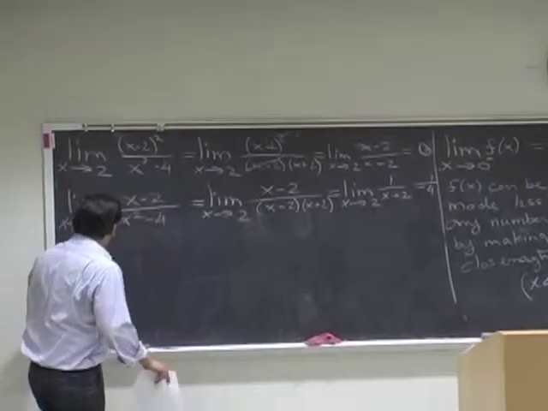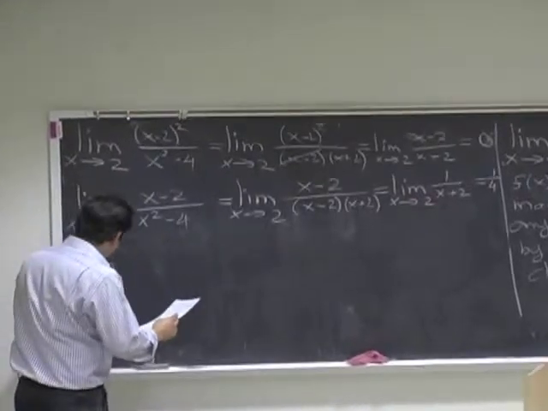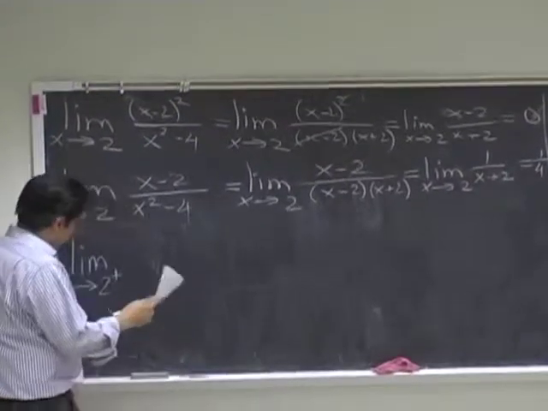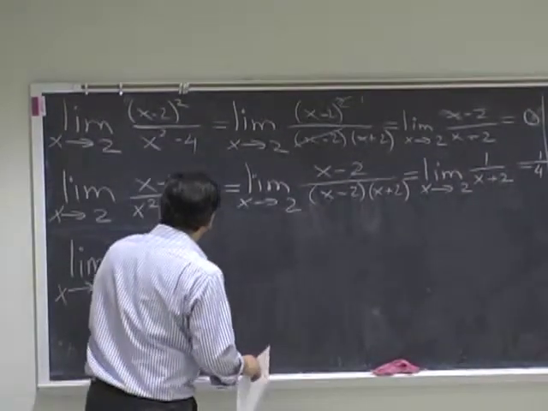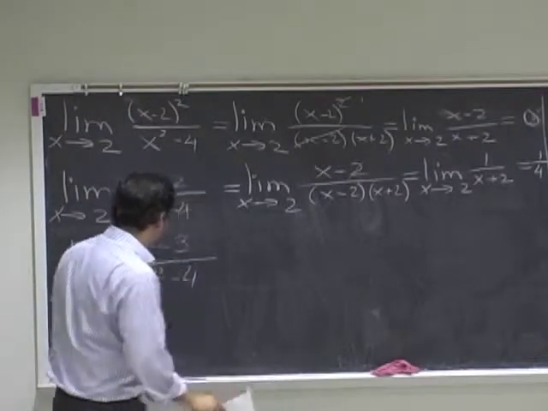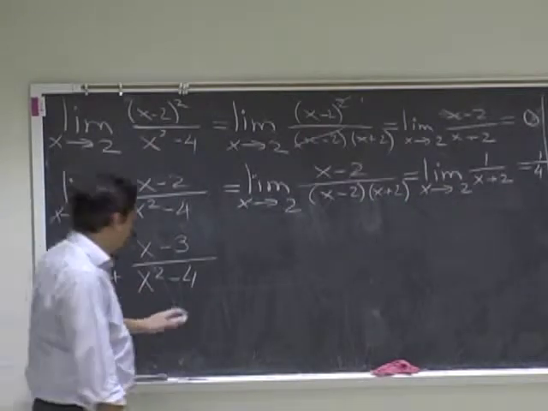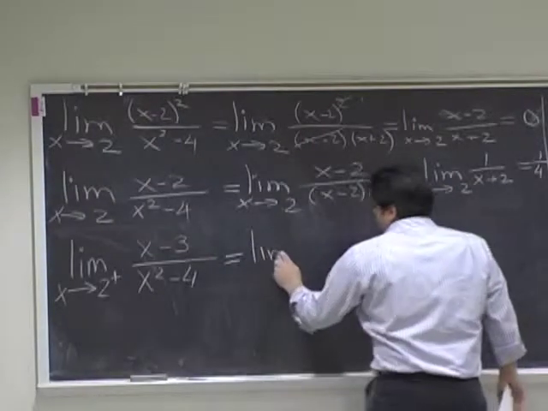Let's take one more. Let's go to 2 from the right-hand side and compute this limit. Notice all three have the same denominators, right?